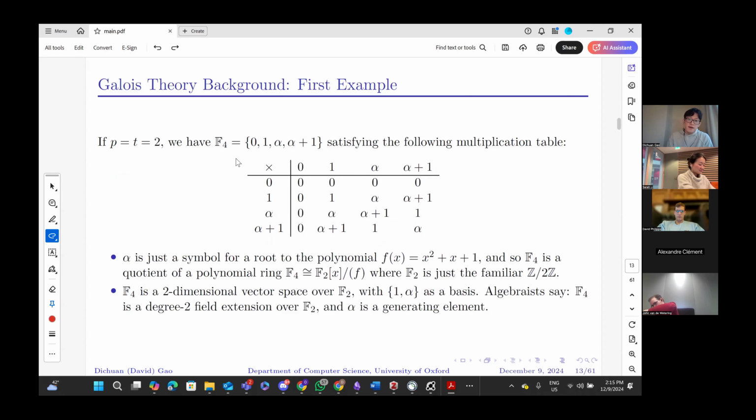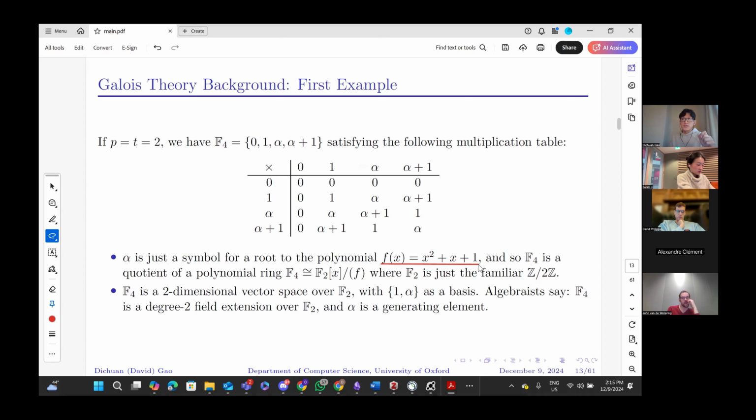Some other ways to think about this, just to give you some intuition: you can think of alpha as an abstract symbol for a root of this polynomial f. This is a polynomial whose coefficients come from F_2, right? Every coefficient is either 0 or 1, but it doesn't have a root in F_2, because whether you plug in x equals 0 or x equals 1, you obtain the output 1.